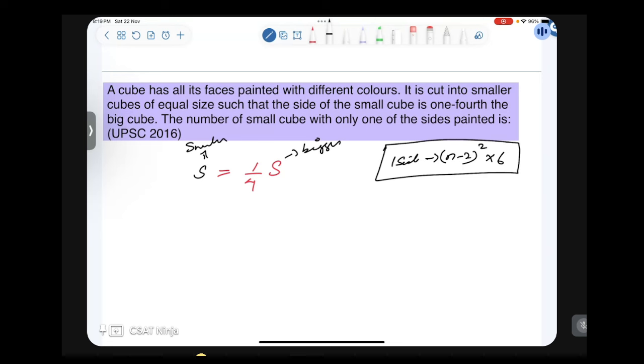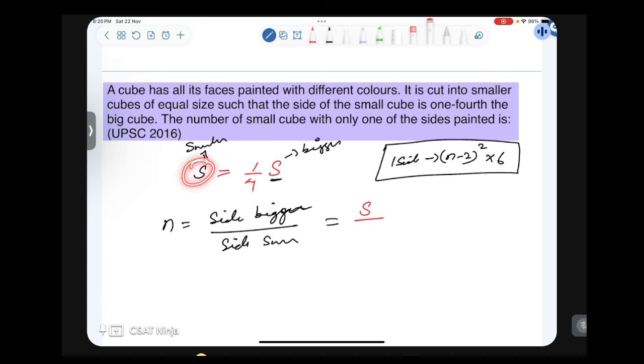What do we need to find? We need to find n first. n means the side of the bigger cube divided by the side of the smaller cube. The side of the bigger cube, I'm just assuming it as s here. So s divided by the side of the smaller cube.